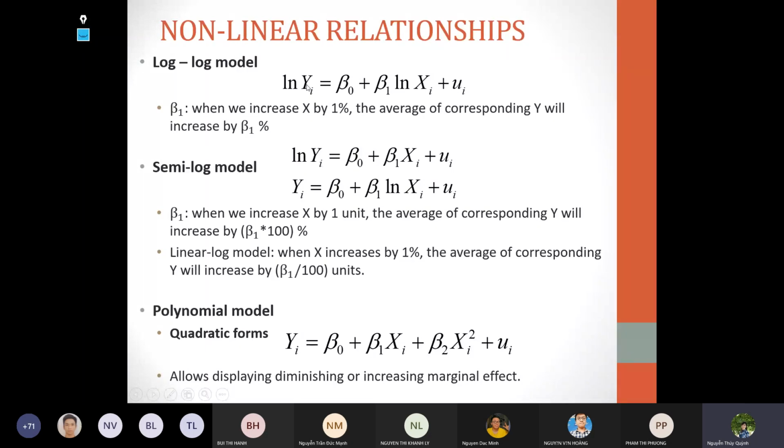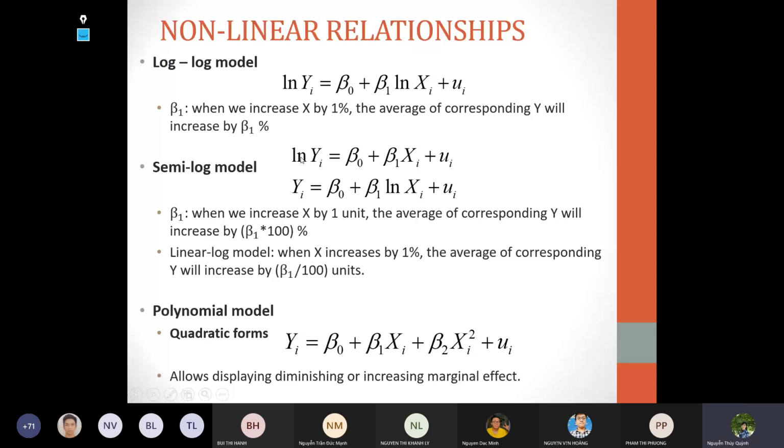Remember that. Besides the log-log model, we have the semi-log model. We have the natural log of y is equal to beta 0 plus beta 1 times x plus ui. This one is called a log linear model.